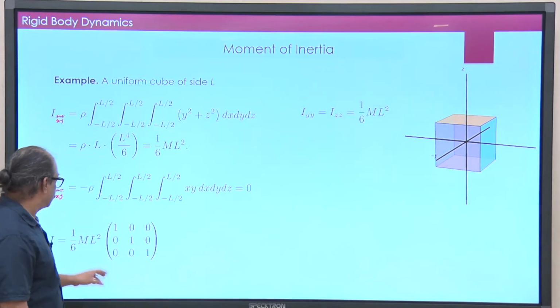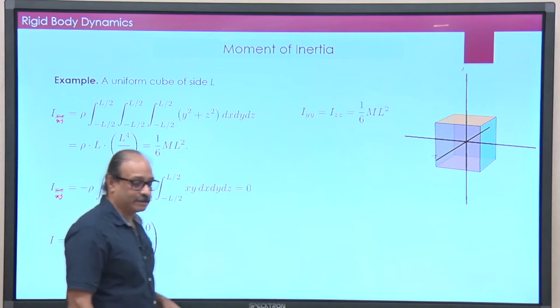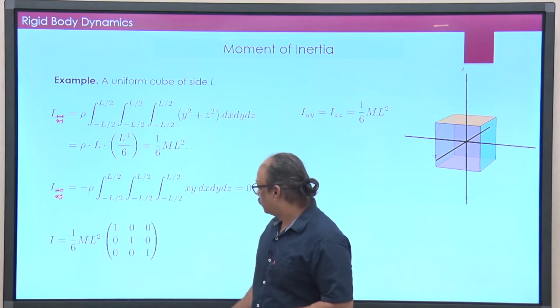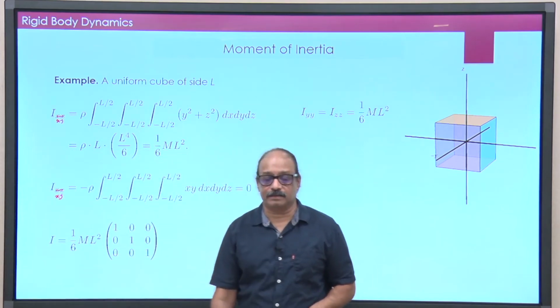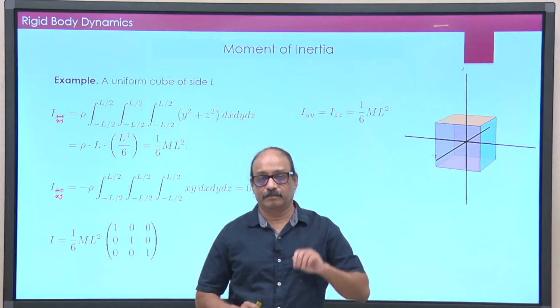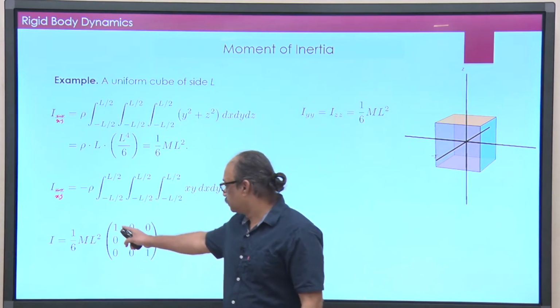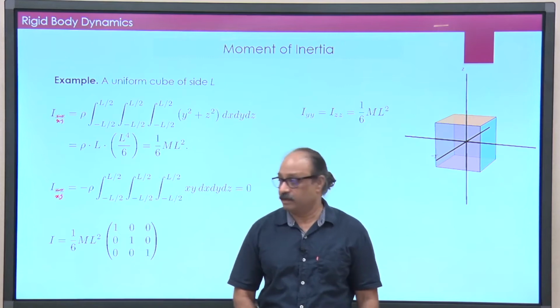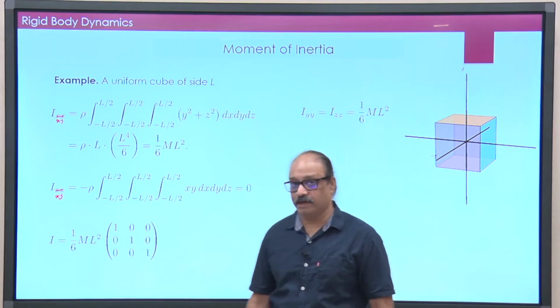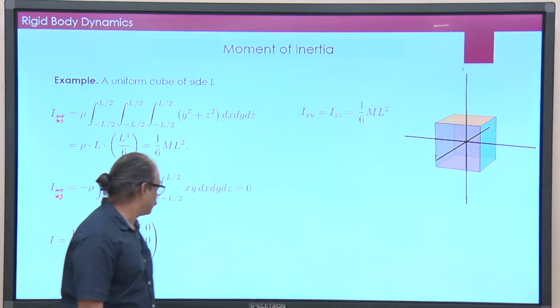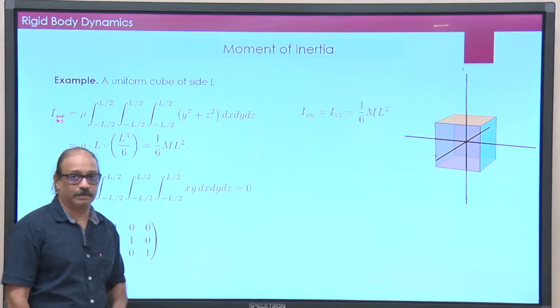Okay. So, this looks like 1 over 6 ML square into an identity matrix. All the entries are on the diagonal of the matrix there. Okay. So, this is how you calculate the moment of inertia tensor for the cube.